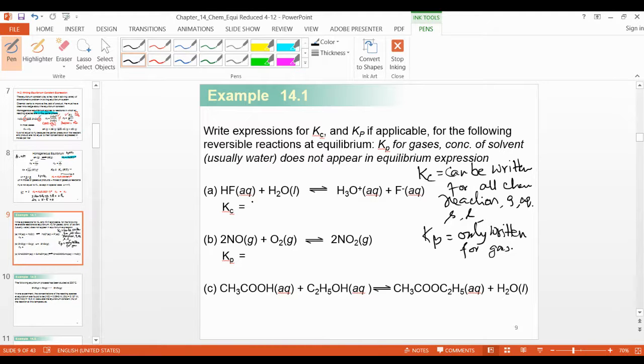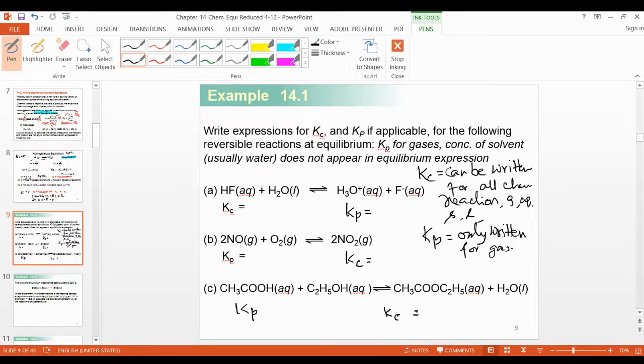Now you tell me how to write Kc for this and Kp for this. Come on, tell me now, fast. For any chemical reaction, Kp is for the gases, and the concentration of the solvent, usually water, does not appear in the equilibrium expression. Remember that.